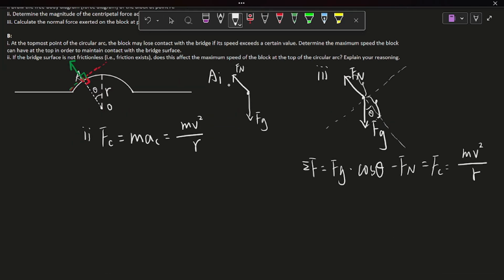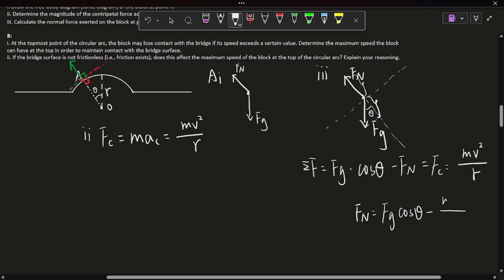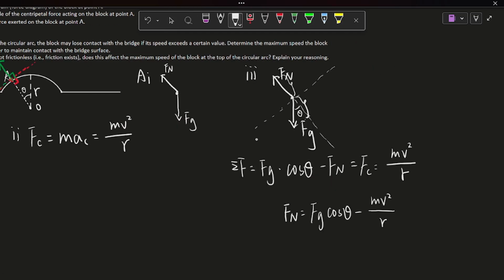From which we can get the magnitude of Fn, which will be Fg cosine theta minus mv squared over r. What is Fg? It's equal to mg, right? So the expression for Fn will just be mg cosine theta minus mv squared over r.